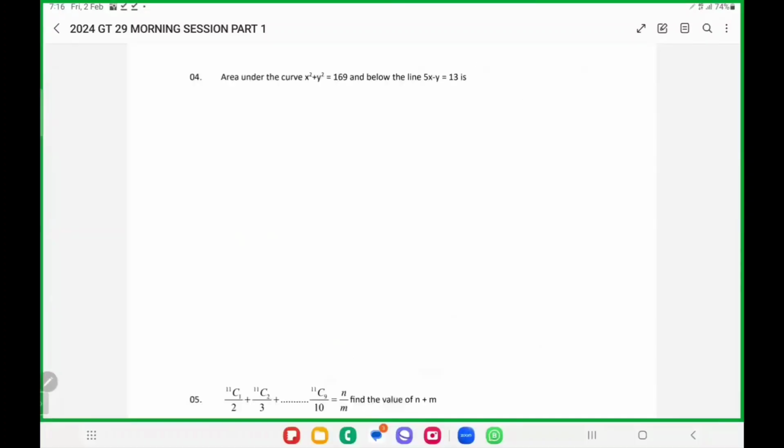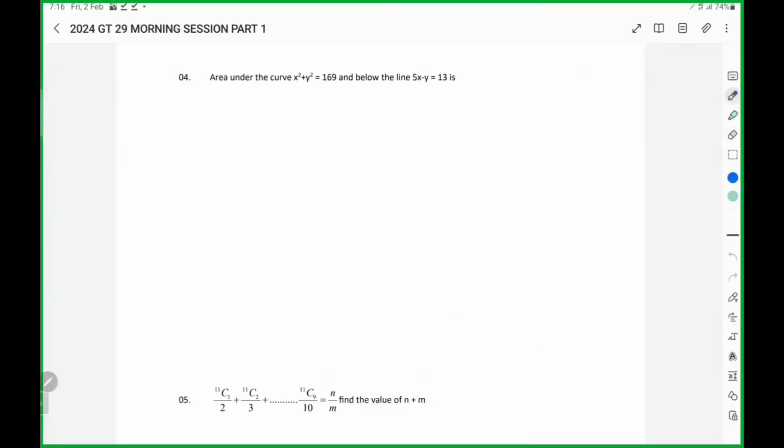Second option. Area under the curve. Nothing but a circle with 13 units radius.